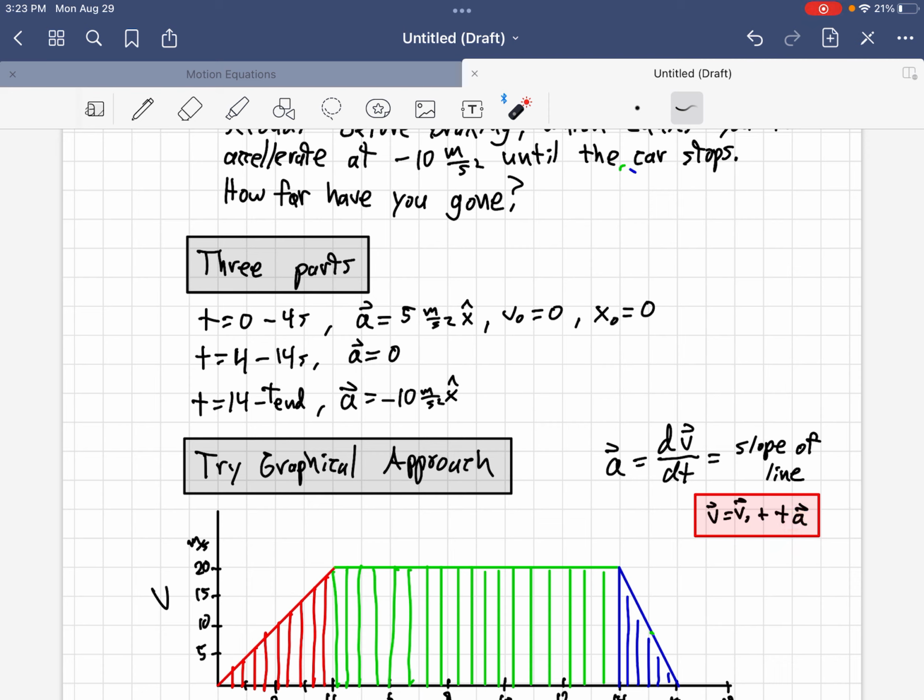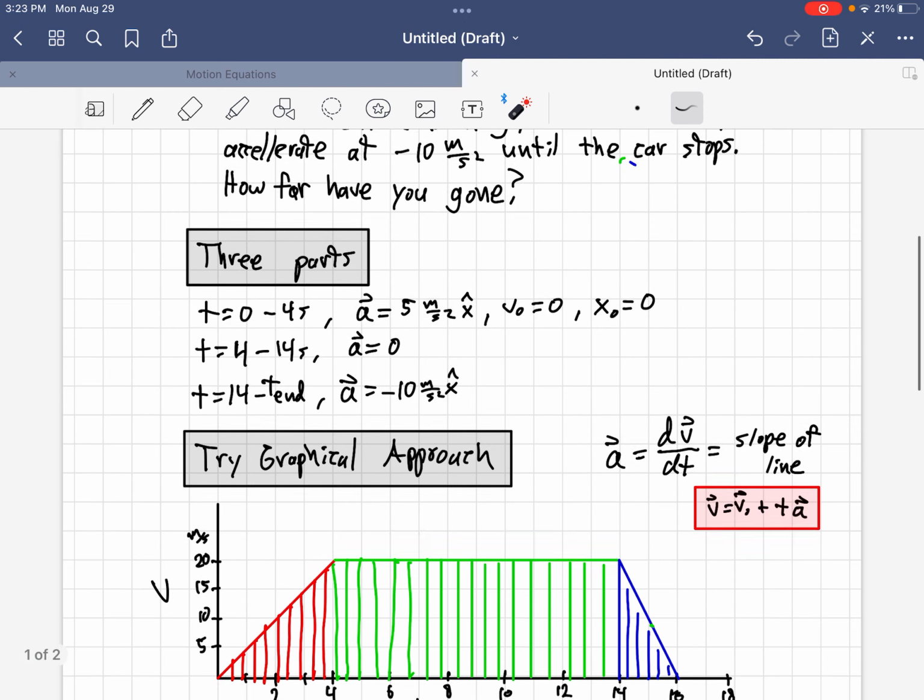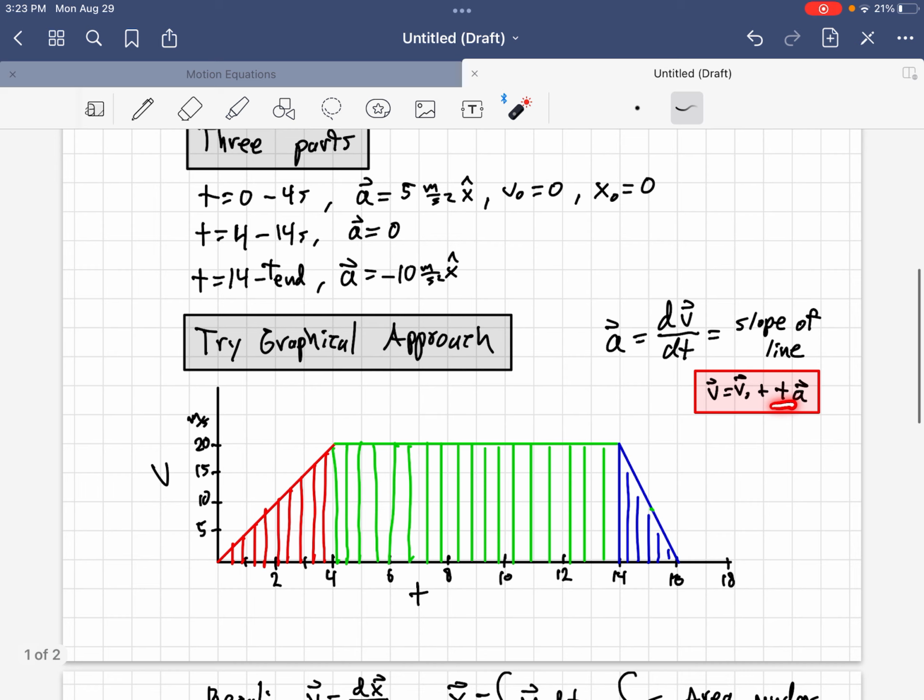Since time is multiplied by acceleration, it's like time is our horizontal axis and velocity is our vertical axis here. So acceleration is really going to be the slope of the line.